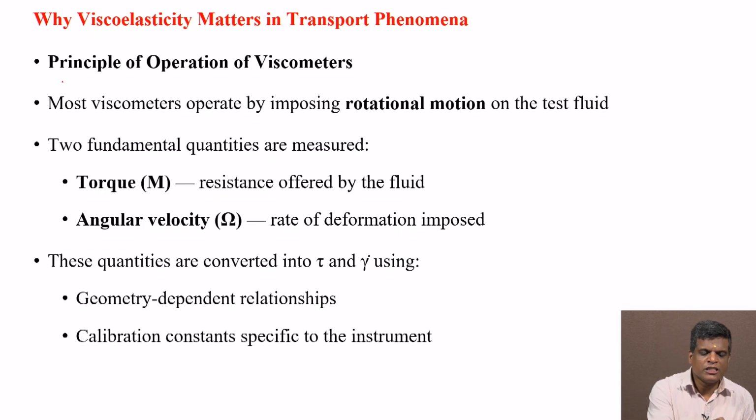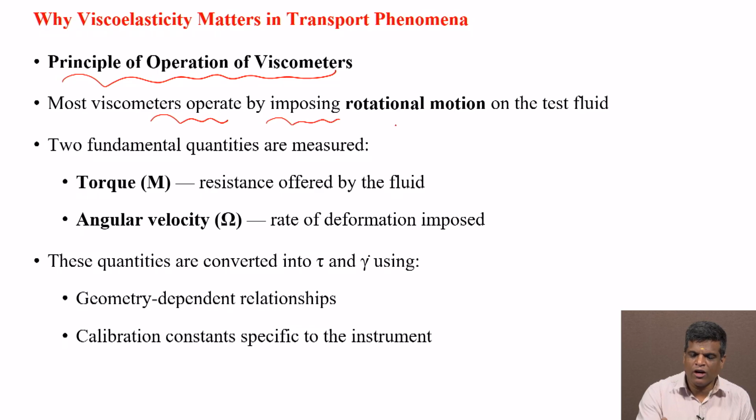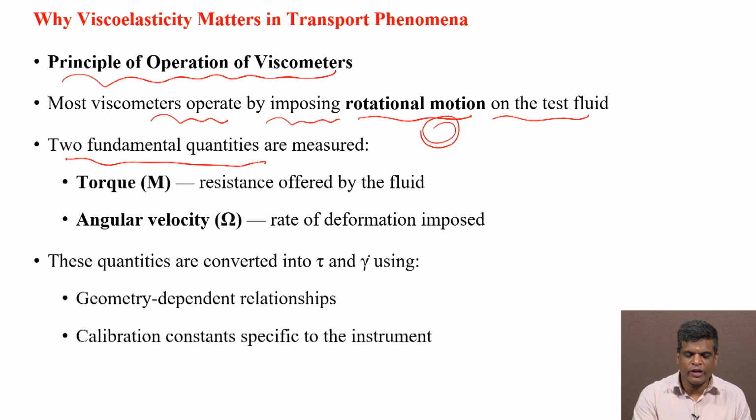So what is the principle of operation of a viscometer? Most viscometers operate by imposing rotational motion on the test fluid. Whatever fluid you want to measure, the rotational motion is very important. Two fundamental quantities are measured. What are the quantities here?